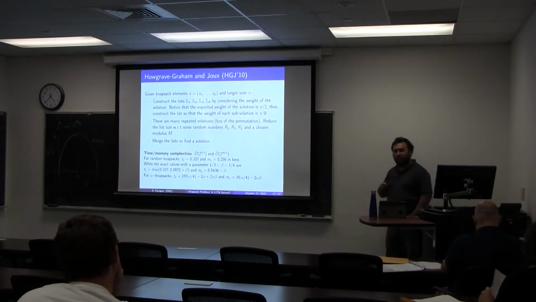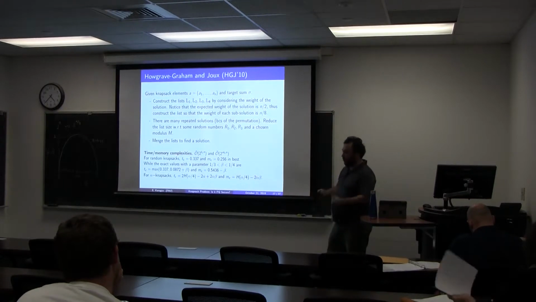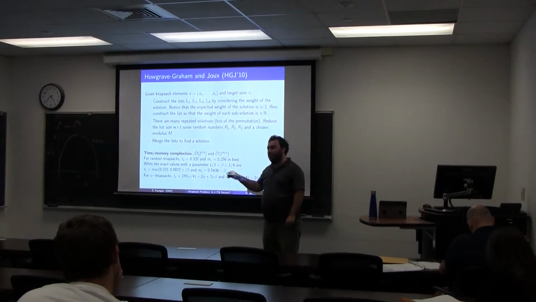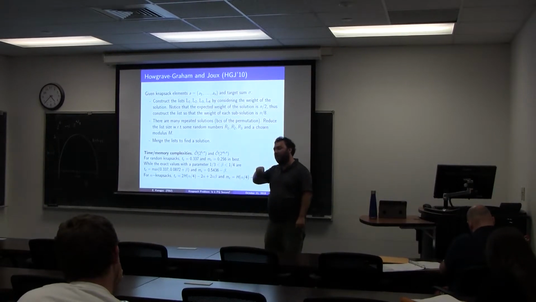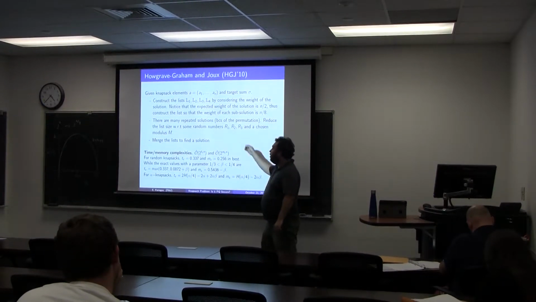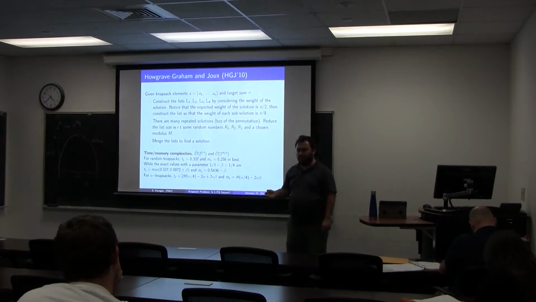Howgrave-Graham and Joux propose another way of constructing lists. Not all the possible solutions. Okay, not all the possible epsilon i's. Instead of taking all the possible epsilon i's, you just focus on the weight of the solution.